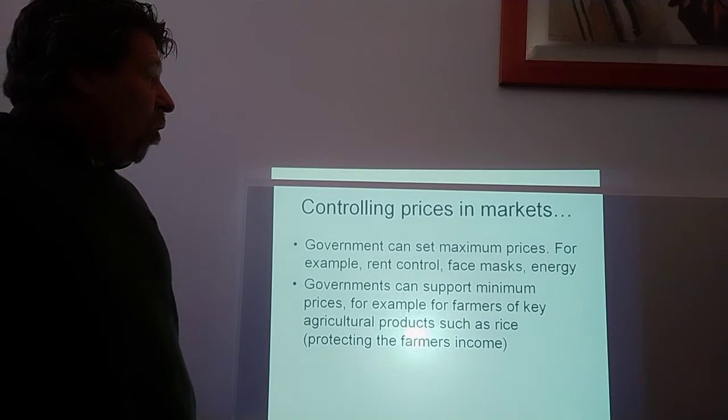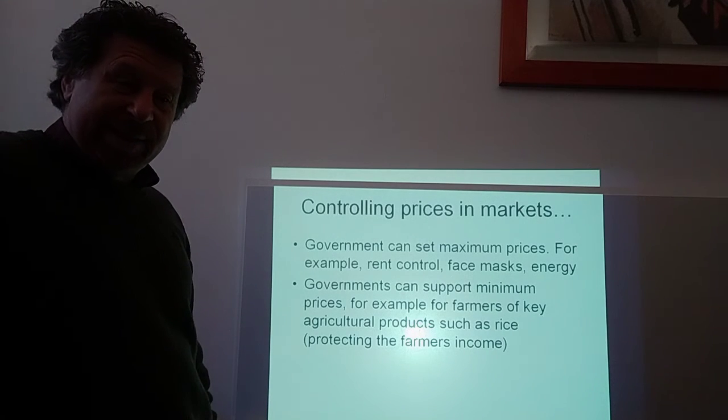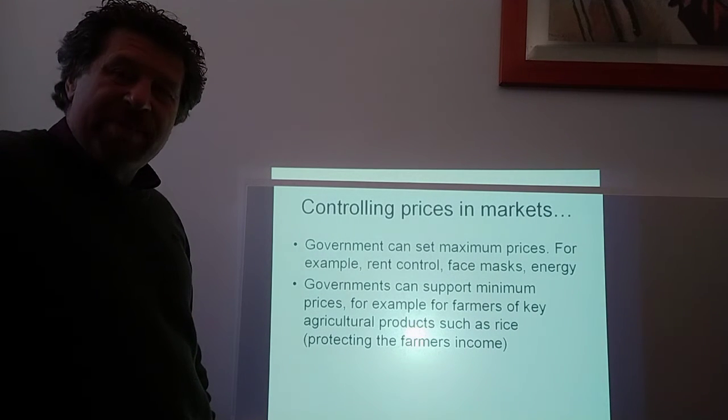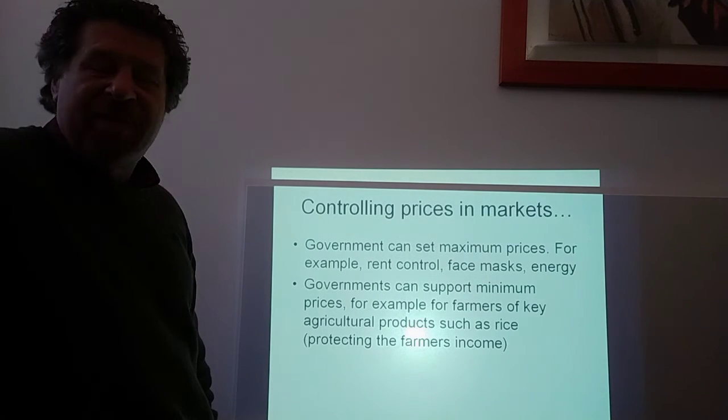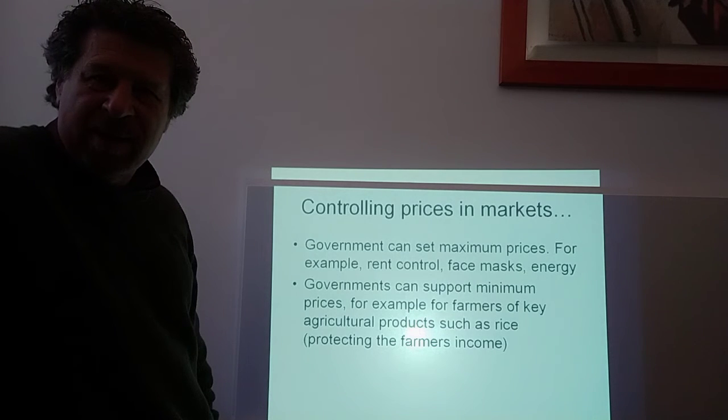The government can also control prices in the market. So it can have a maximum price for something. Maybe I can think of the face mask during the pandemic.